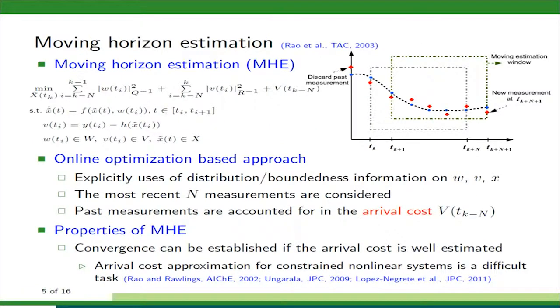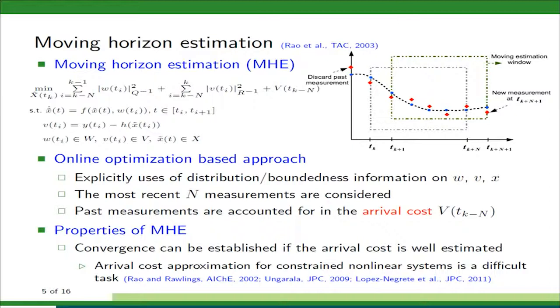Moving horizon estimation is an online optimization-based approach. It uses a model of the system as well as the information on the distribution and boundedness of the disturbance, noise, and the system state. It uses the most recent several measurements within a finite estimation window. The information provided by the measurements outside this window is summarized in a term called arrival cost.